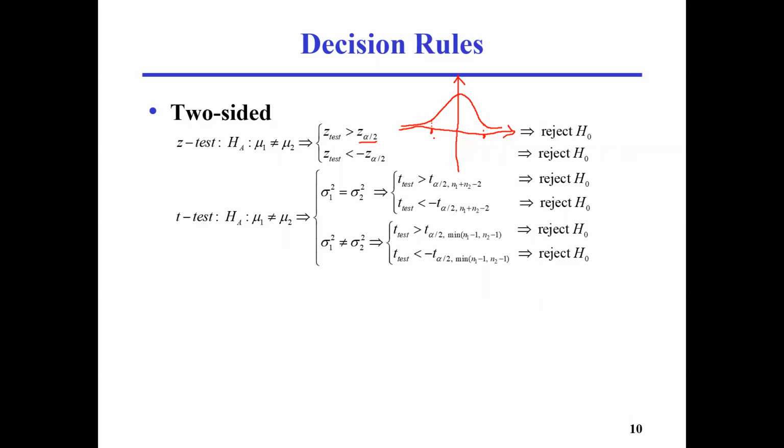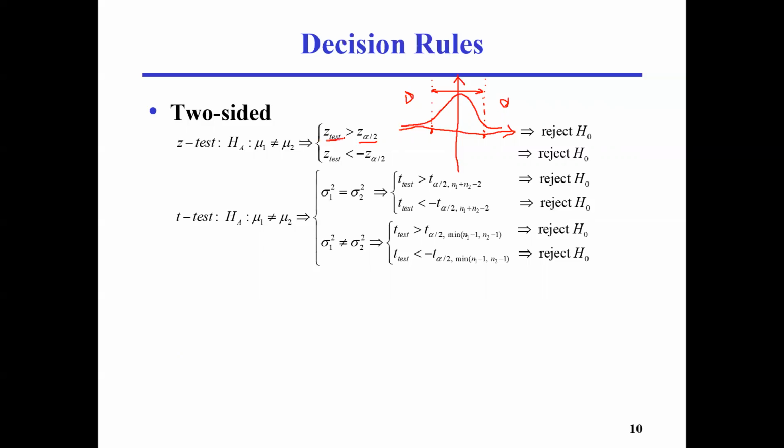These two critical values decide boundaries of reject or not reject zones, right? These two dashed lines. So the zone between them is for not reject. The zone to the left and to the right of them, these two zones, they are for reject zones, right?